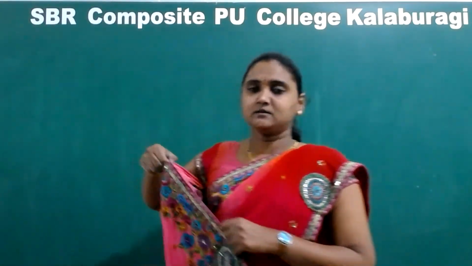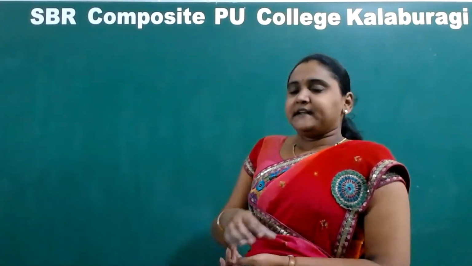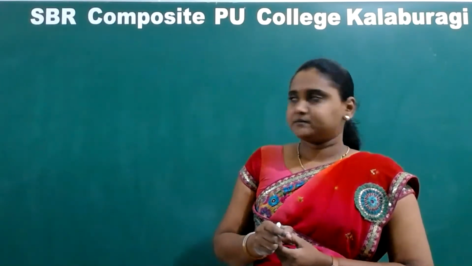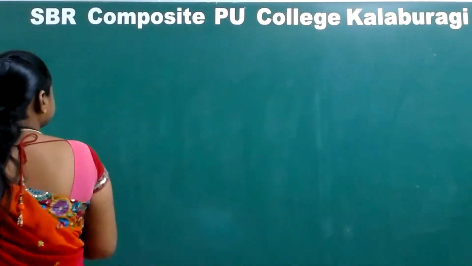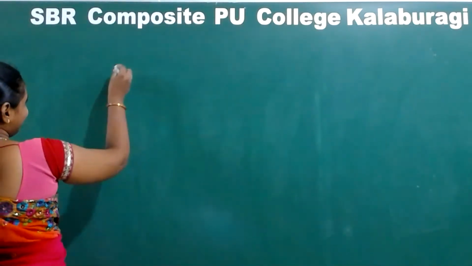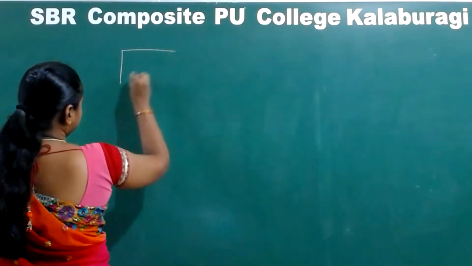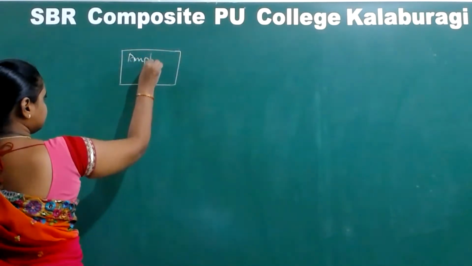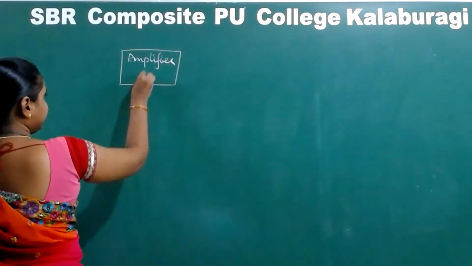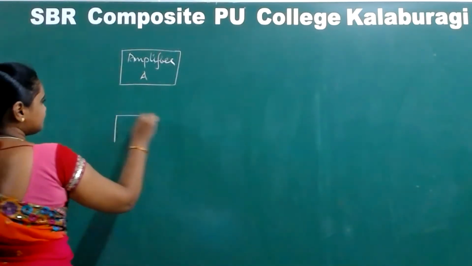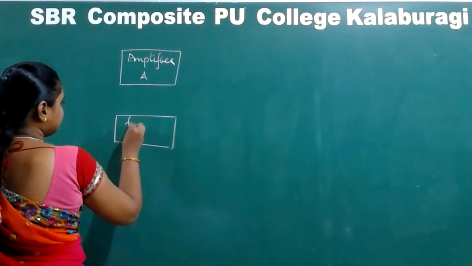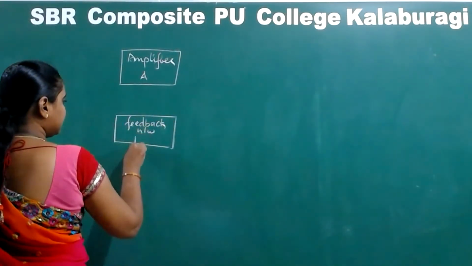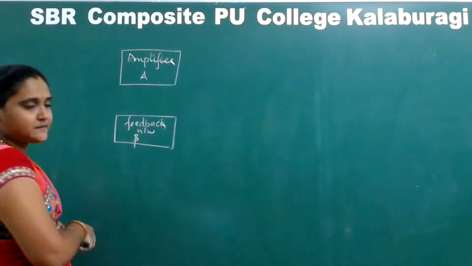So now we'll be seeing the derivation for the gain of a feedback network. Okay. So we'll follow with the block diagram again. Amplifier with gain A. Feedback network with gain or feedback factor as beta.